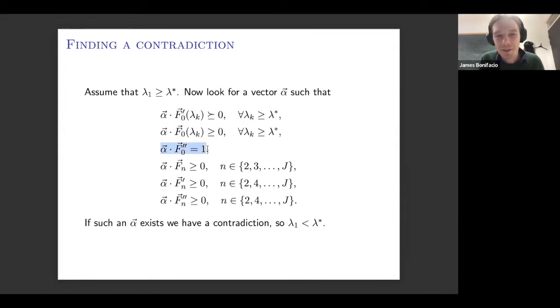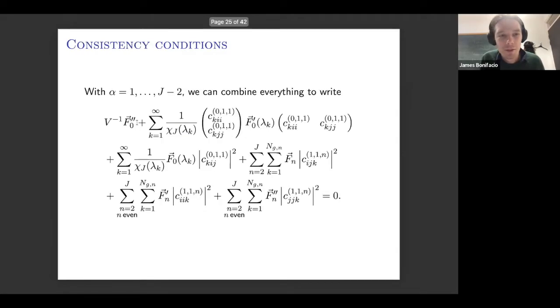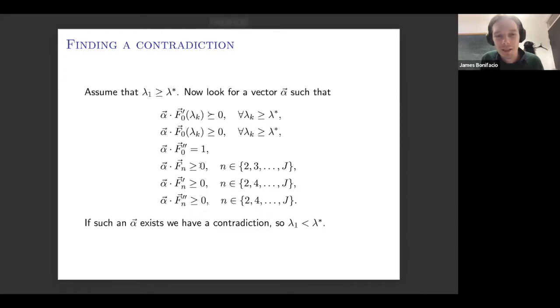I want alpha dotted into the constant term, which was the term appearing with the factor of the inverse volume, to be equal to 1. That's just a normalization. And similarly, alpha dotted into all the other terms should be non-negative.